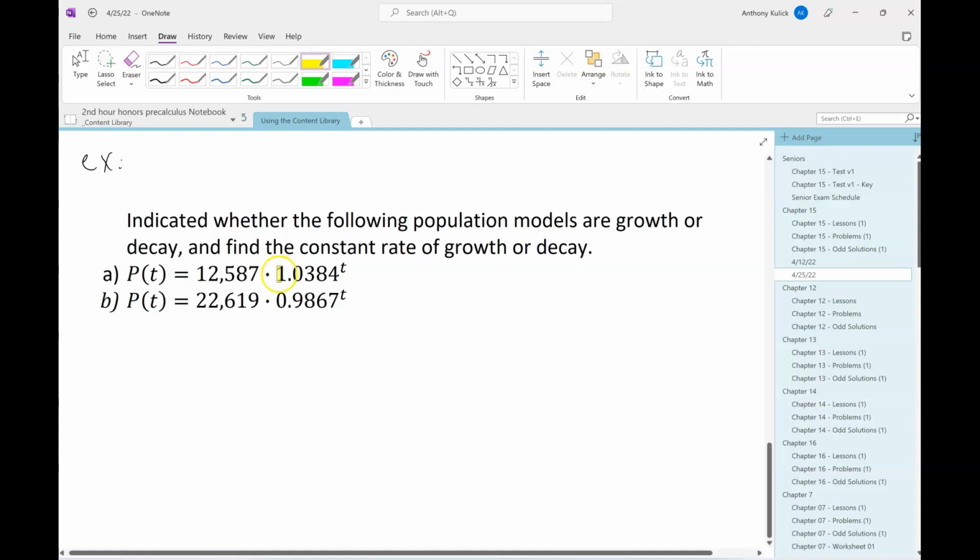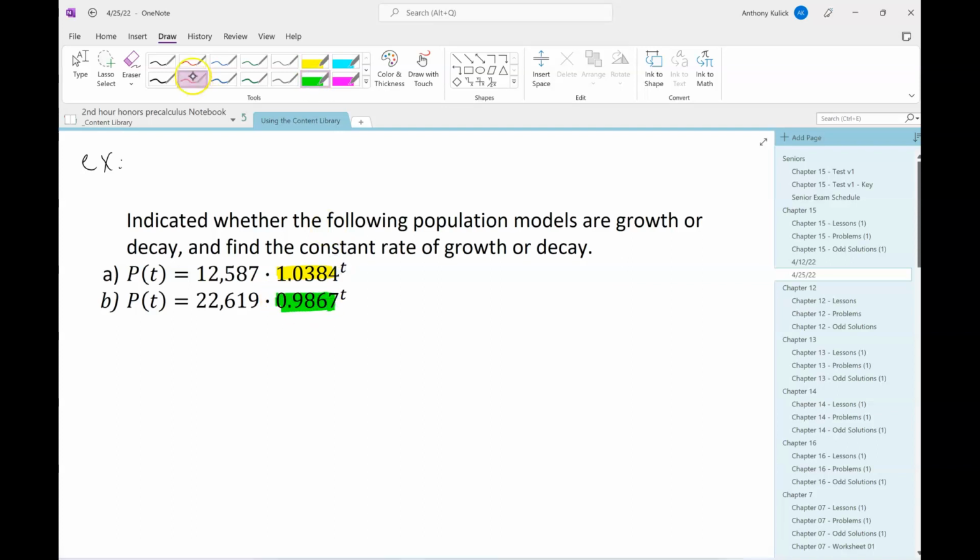Excellent, the base of the exponential. So in the first one, we're looking at the 1.034. In the second one, we're looking at the 0.9867. How can we tell then if those numbers indicate growth or decay?